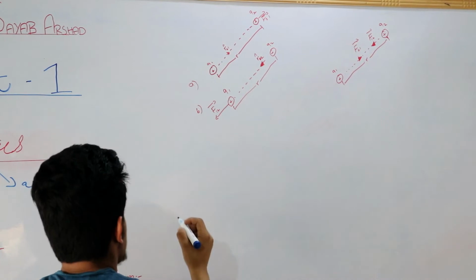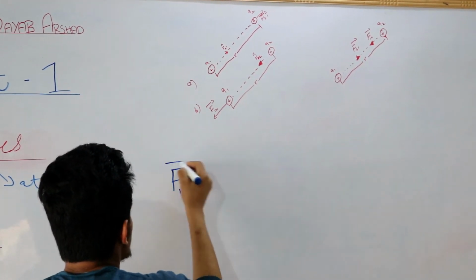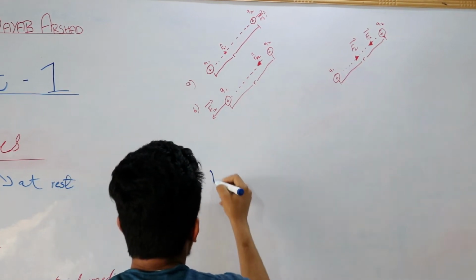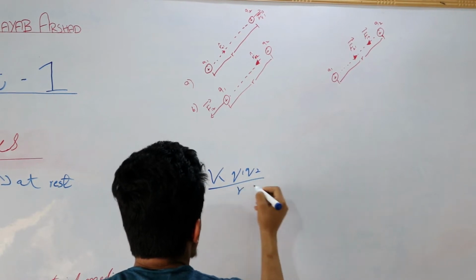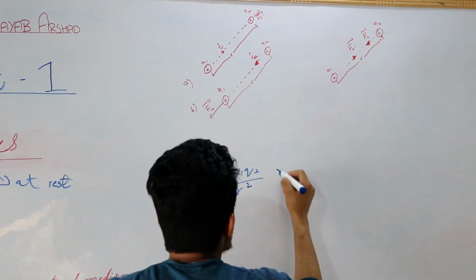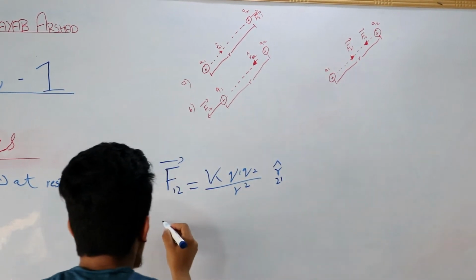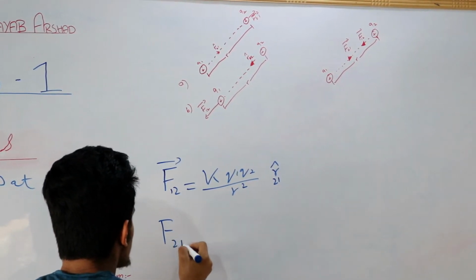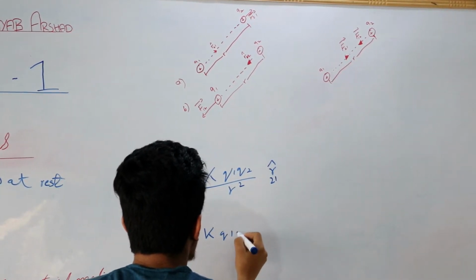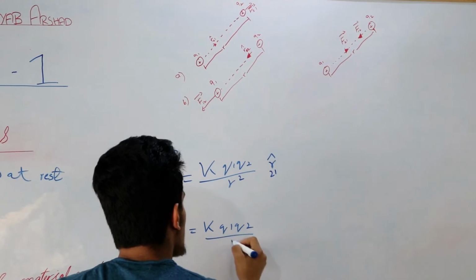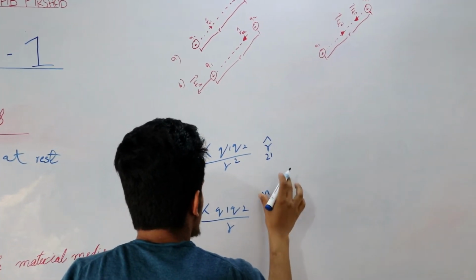The first equation is that the force F12 is equal to K Q1 Q2 over r square times unit vector r21, and force F21 is equal to K Q1 Q2 over r square times unit vector r12.